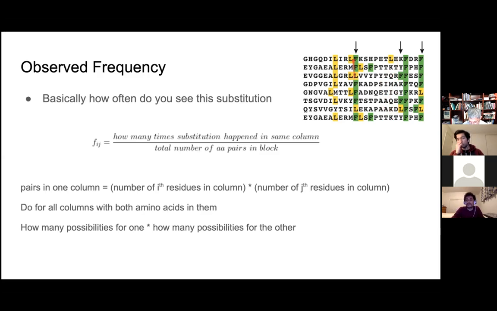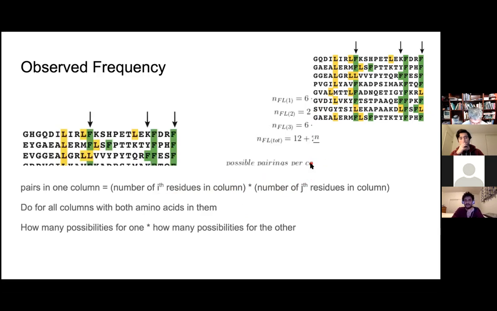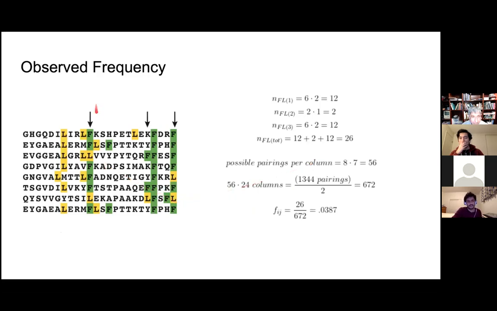You can count for the other columns as well, but as you can imagine, with a lot of amino acids, that'll get tedious. So what you can do is multiply the number of one amino acid, phenylalanine in this case, times the number of the other in the same column, and that'll get you the number of pairs. Let's look at the math. First, find how many columns have both amino acids present.